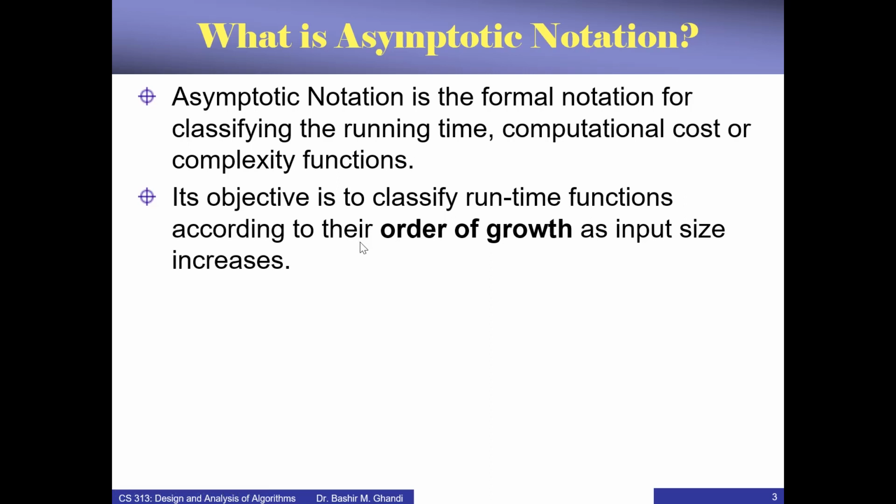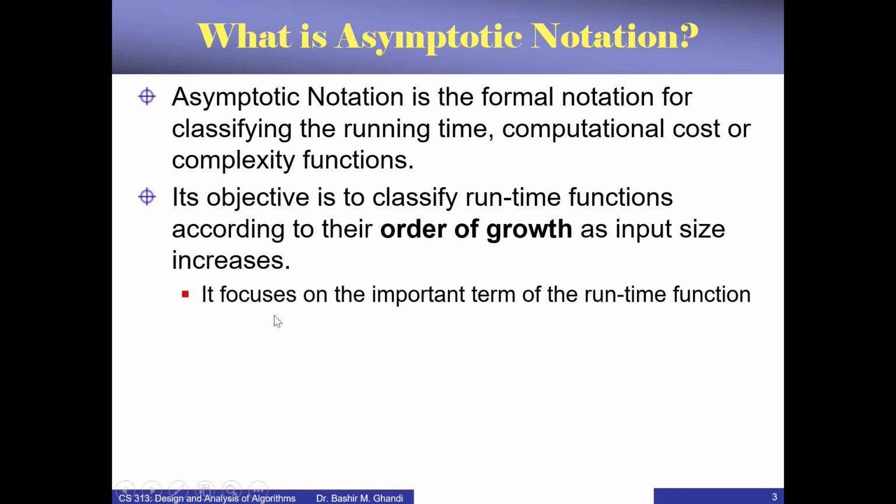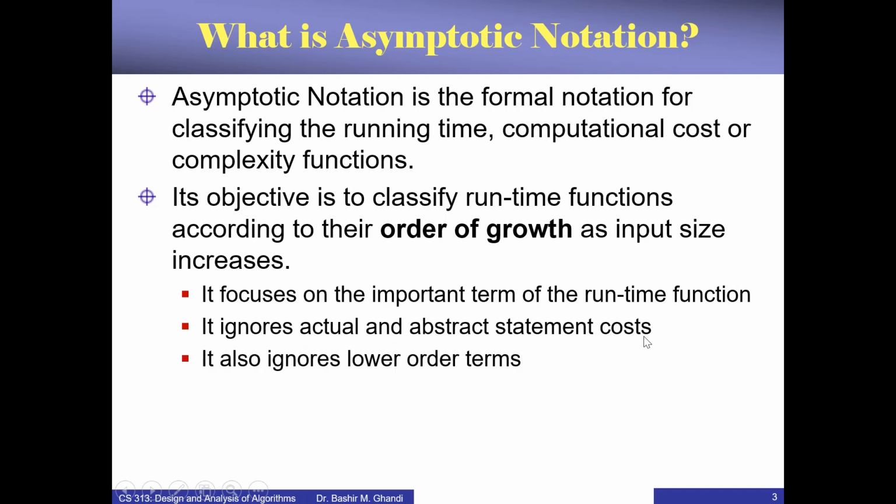So instead of looking at individual functions, we would like to group them and say all of these functions belong to one class, and that classification is based on the order of growth. It focuses on the important term of the runtime function. It ignores the actual and abstract statement costs. It also ignores the lower order terms. So we are only concerned with the term that has the highest degree in terms of the input size n.